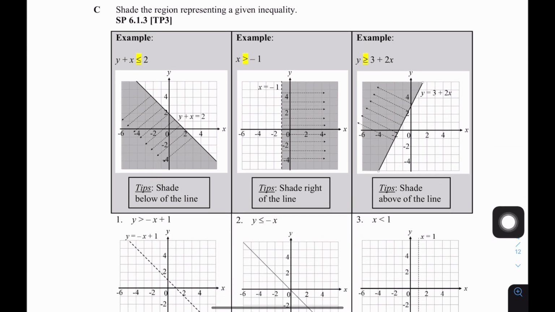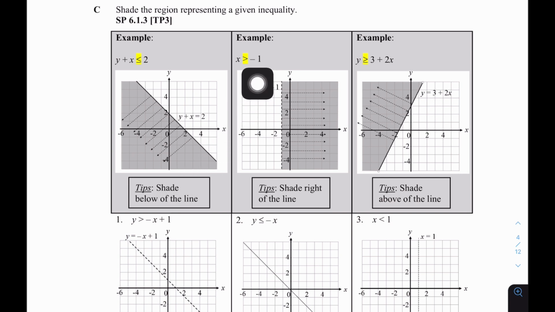So you have 3 examples over here. Let's look at the first one. Over here you have less than and equal. So bila ada less than or equal, tengok solid line, betul? Solid line yang digaris, dan less than kita akan shaded below the line.